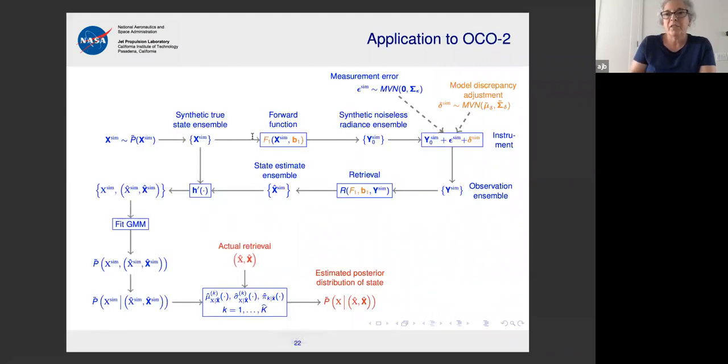So with that said, this is the exact same picture I showed you before, except I've made a few little changes here. Instead of simply using x hat sim as a regressor, I'm going to use x hat sim and the column weighted XCO2 average that goes with that retrieved state vector.